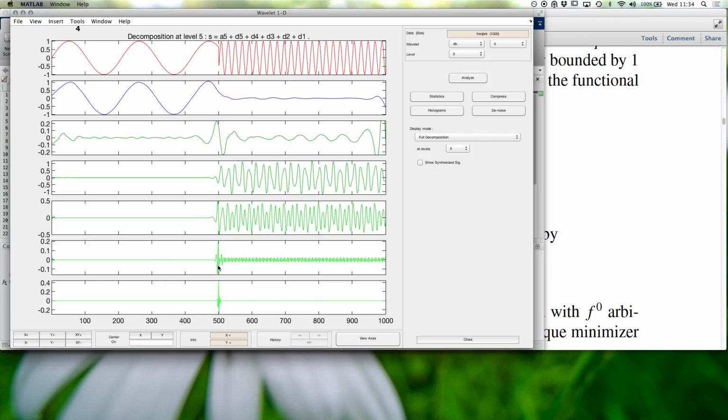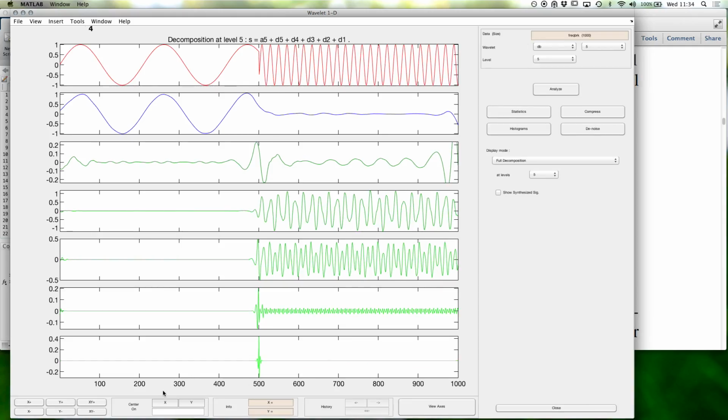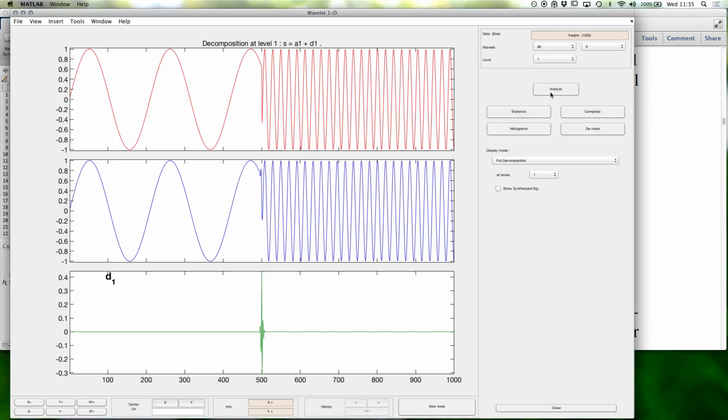Smallest detail, double that size, double, double, double, and then this is the low pass filter. How this transform goes in practice, we start by computing the details, so this one, and then the algorithm, if we do this only for one level, then we only have the low pass part and details. But if we want, we can divide the low pass part further. So if I take, instead of one, two levels.